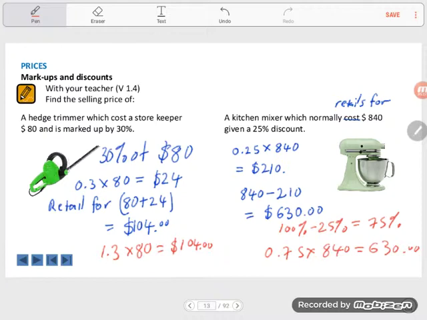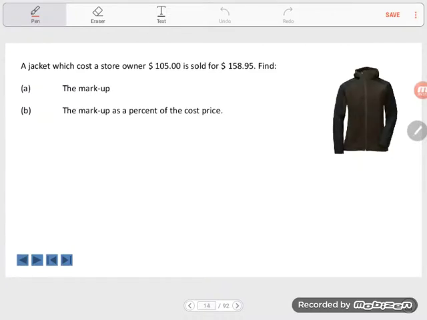Okay, so let's try the next one. Pardon me. First off, in part A, our markup. So this jacket cost a store owner $105, and they're selling it for $158.95.